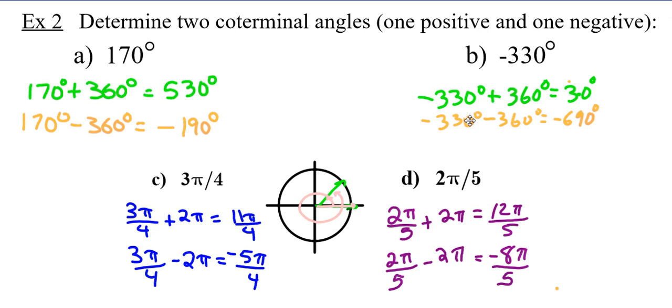Remember when we were in that lesson, we had to add 360 or add 2 pi more than once. Same thing with the 3 pi over 4 and the 2 pi over 5. We're just going to find the coterminal. We add 2 pi, we subtract 2 pi. Don't worry, you can do this in your calculator, which you will have for your test.